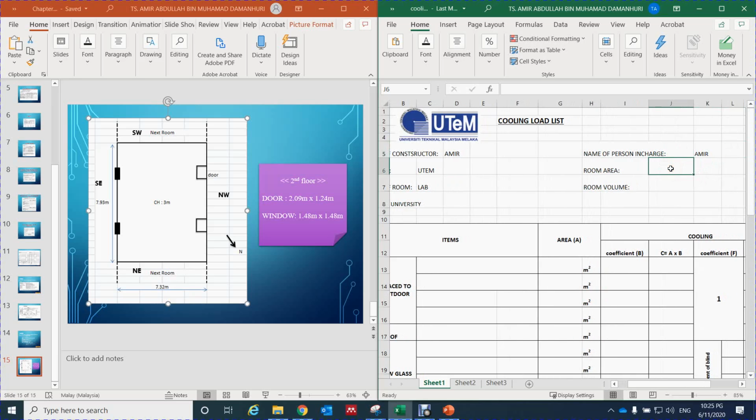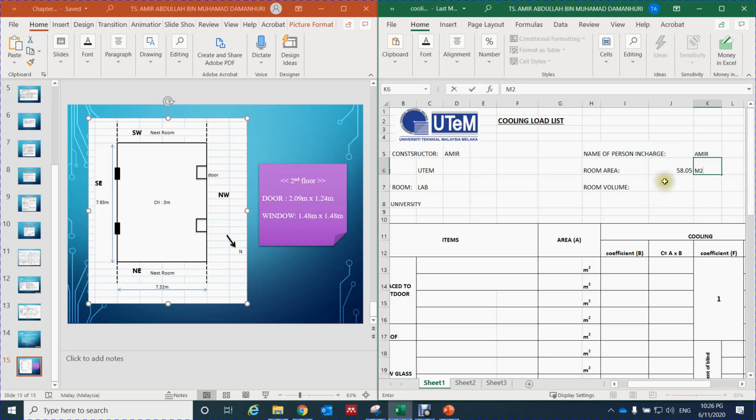As you can see here, the dimension is 7.93 times 7.32, so it is 58.05 meter square.